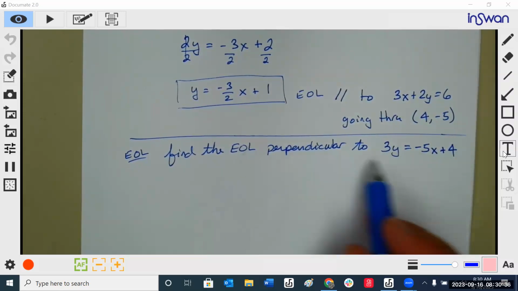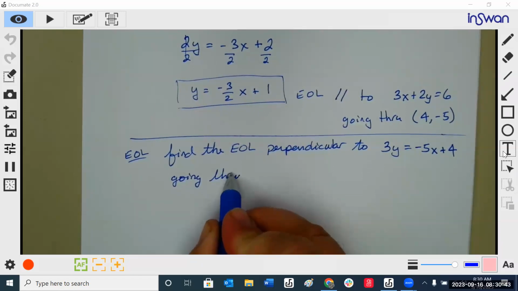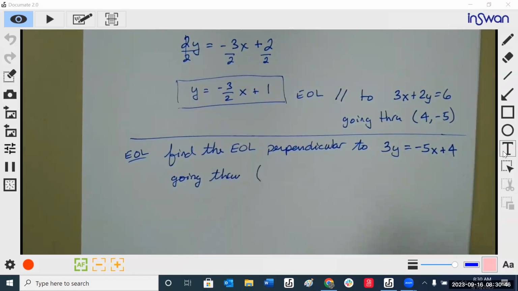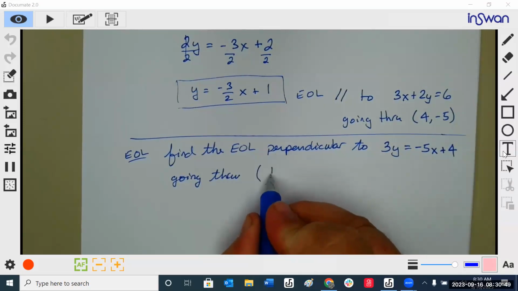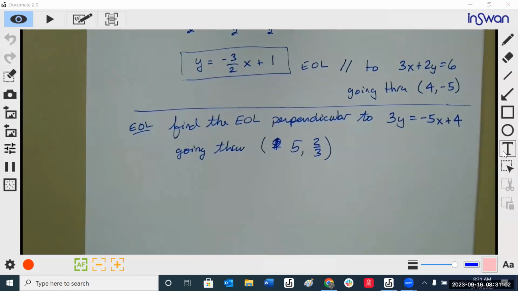It's perpendicular to this line going through the point (5, 2/3). So go ahead and follow your steps.